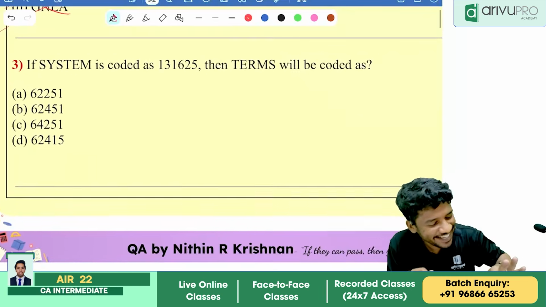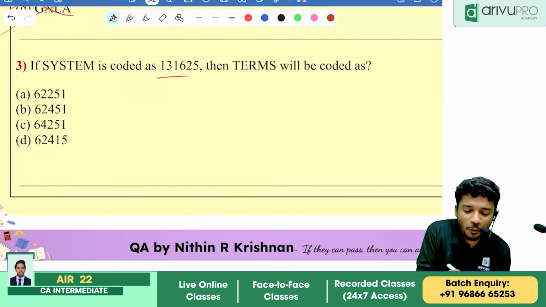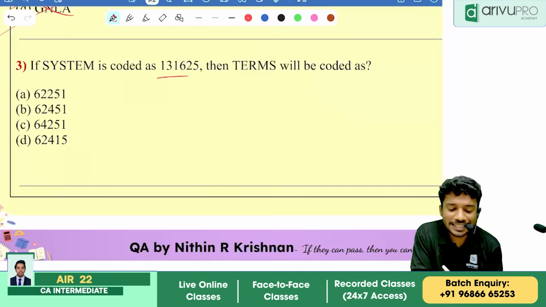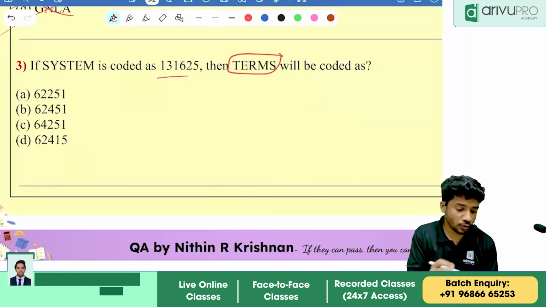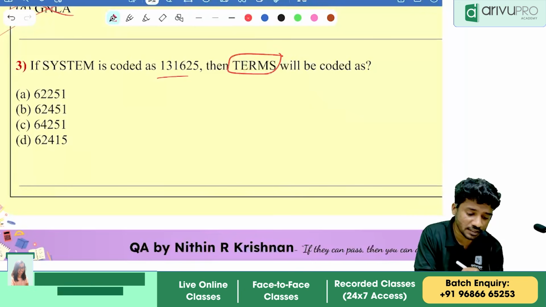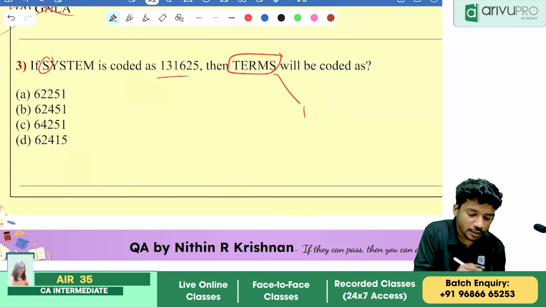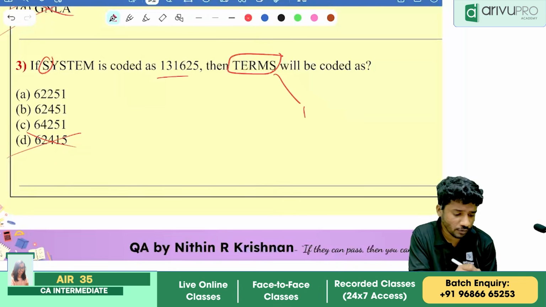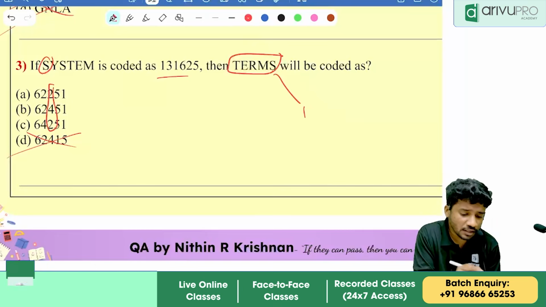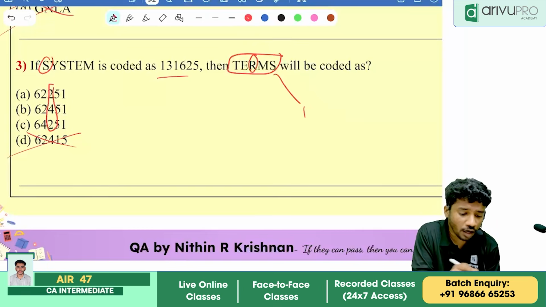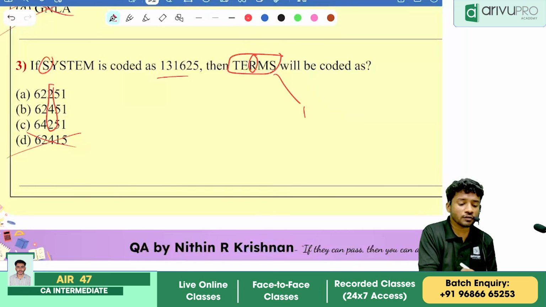Okay. System is coded as 131625. Then terms is coded as what is the question. People, first we will check the last one. Yes is 1. That means this is wrong. Now we will check the third letter. Third letter is R. But people, do you have the code for R?